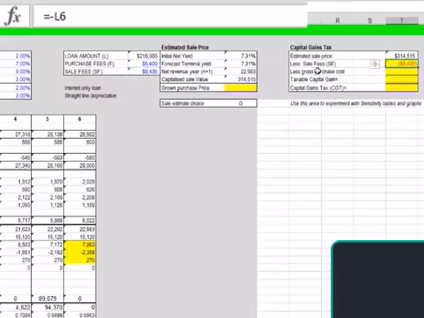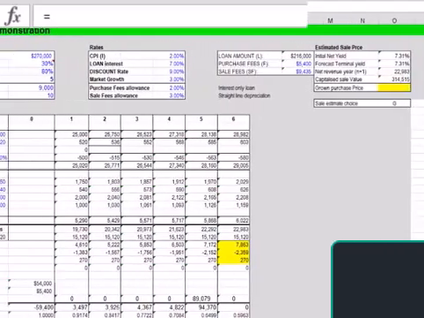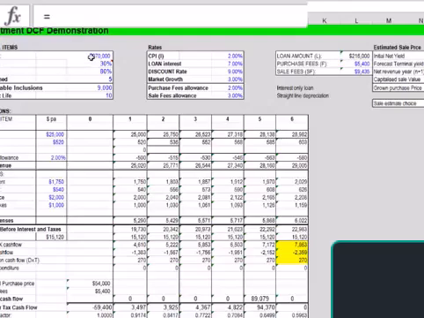We've calculated these before. Now we're going to look at the gross purchase price. Well, the gross purchase price, how many dollars has it actually cost me to acquire the property? That's going to be $270 plus the purchase fees.